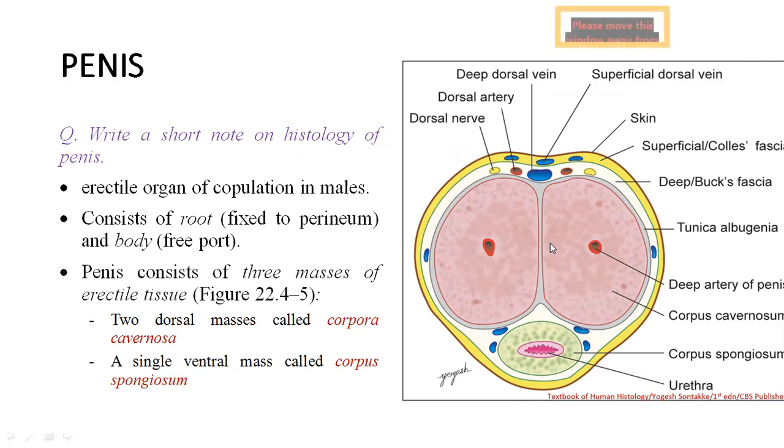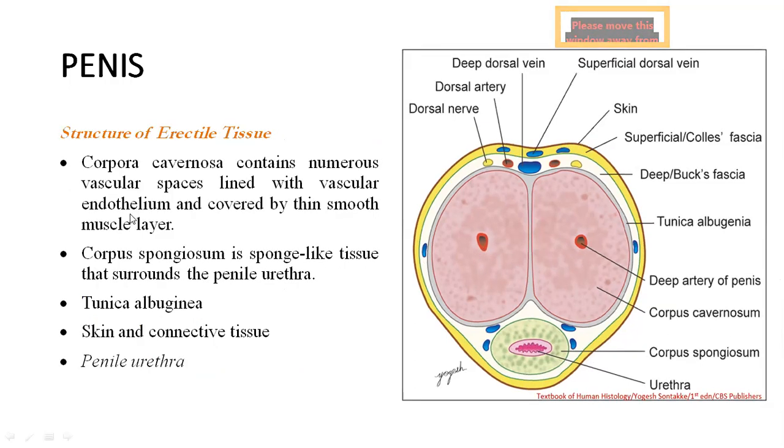The 2 dorsal masses are called the corpora cavernosa, which are shown in pink color. A single ventral mass is the corpus spongiosum. In the corpus spongiosum, we have the urethra, and inside the corpora cavernosa, we find the artery of the penis. As for the structure of this erectile tissue, the corpora cavernosa contain numerous vascular spaces lined by vascular endothelium and covered by a smooth muscle layer.